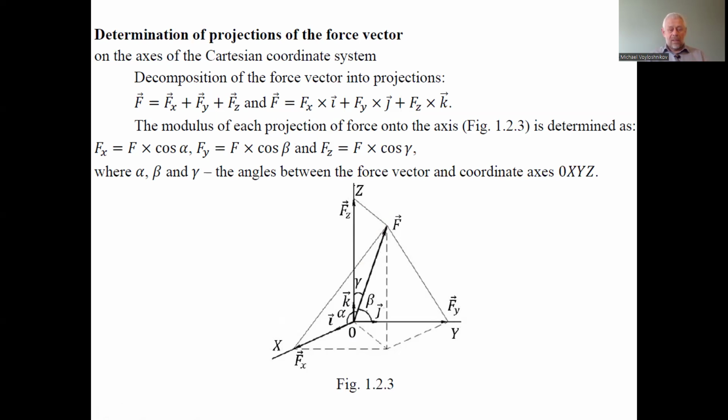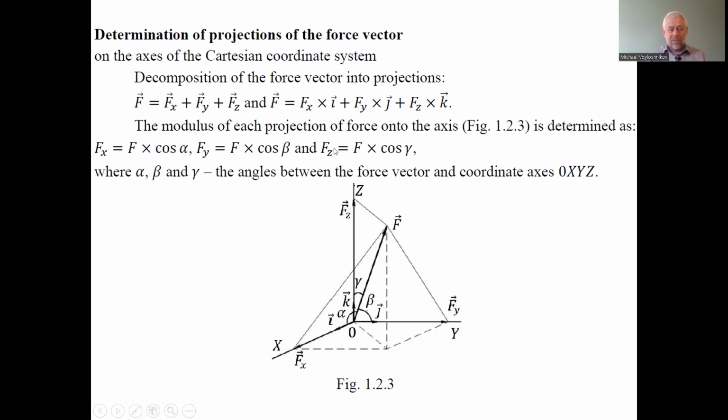Besides, we can determine the projection vector on each of the coordinate axes as the magnitude of the projection multiplied by the unit vector of that coordinate axis. So i is the unit vector of the coordinate axis x, j is the unit vector of coordinate axis y, and k is the unit vector of coordinate axis z. And this is the determination of the force by the magnitudes of its projections and the unit vectors of the Cartesian coordinate system.